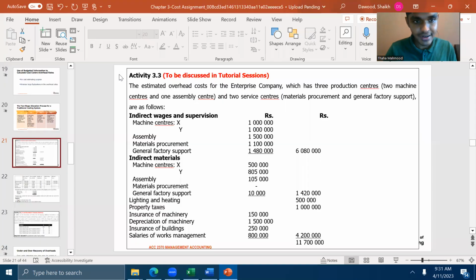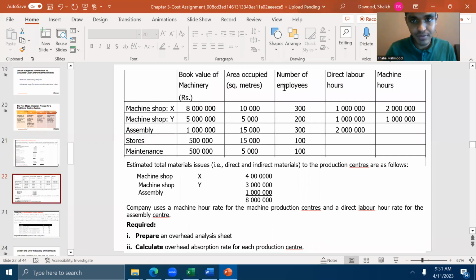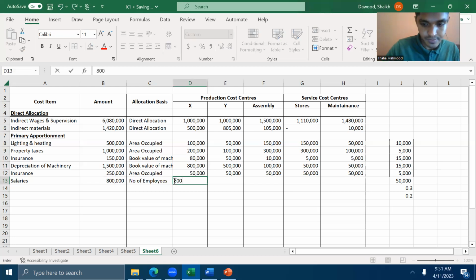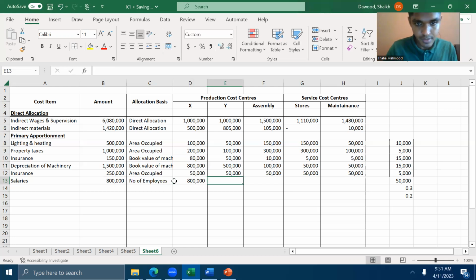The best way to apportion salaries would be the number of employees, so you take the total, 1,000 employees. With 1,000 employees there are salaries of 800,000.